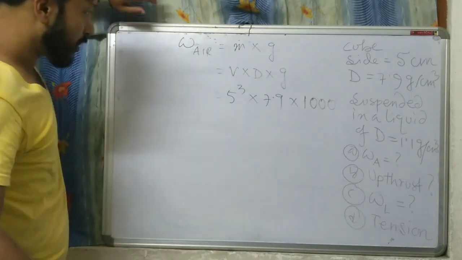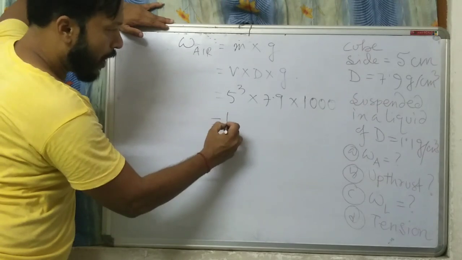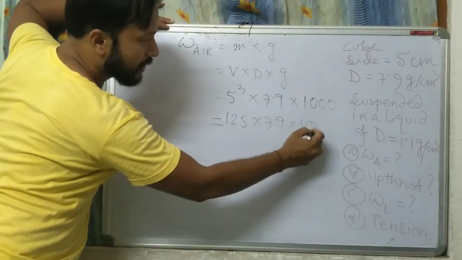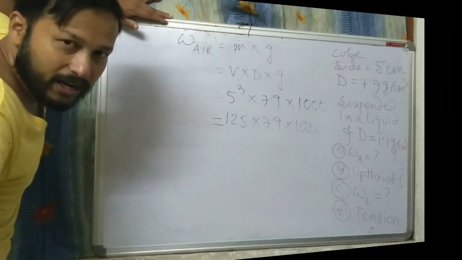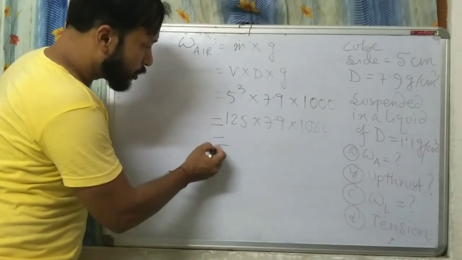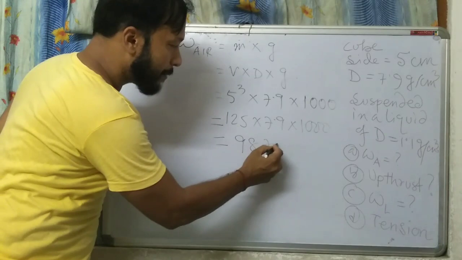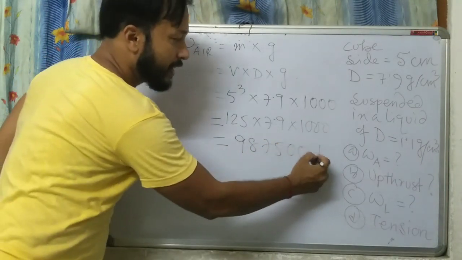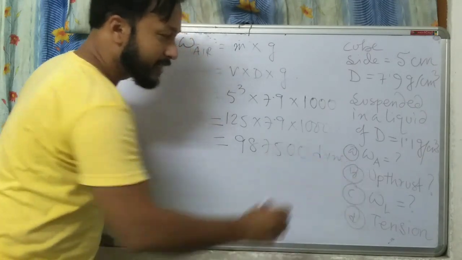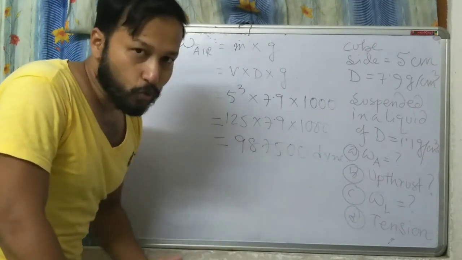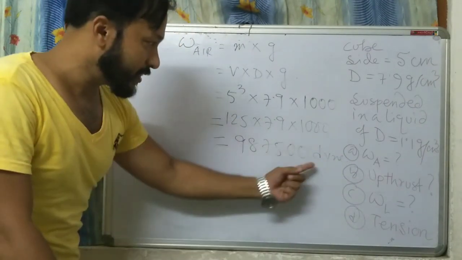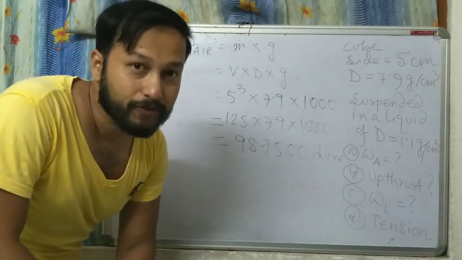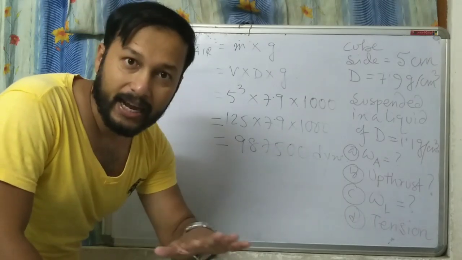So let us calculate it. 125 into 7.9 into 1000 equals 987500 dyne. Since it is in CGS system, the unit of weight is dyne. Got it? So we got the weight of the cube in air.